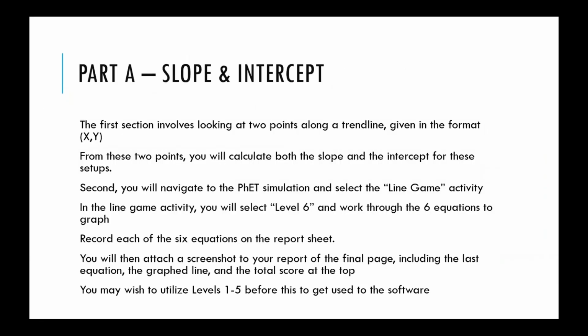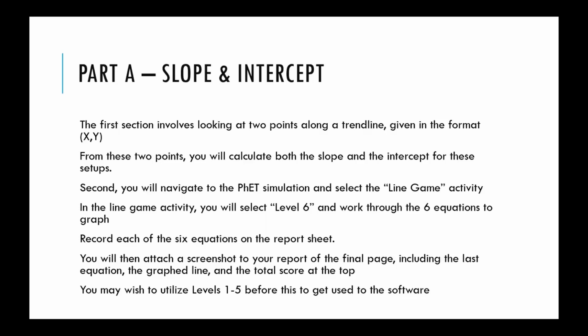Initially, you will be given a few different setups of different line points, of which you will determine the slope and intercept based on the numerical x and y values. Second, you will go to the following PhET simulation and work through the line game activity.